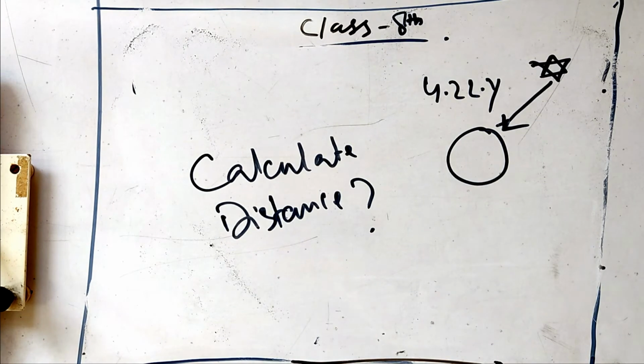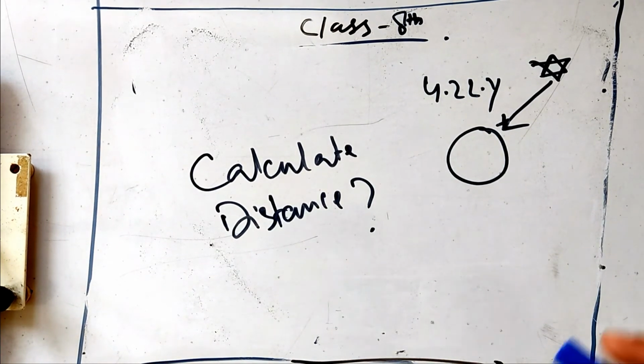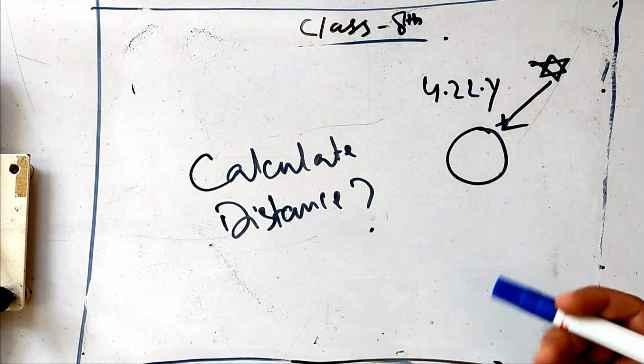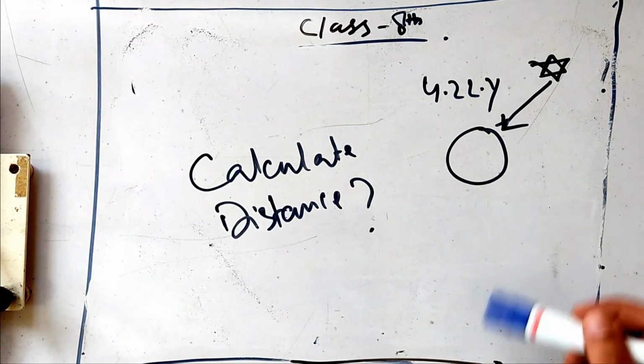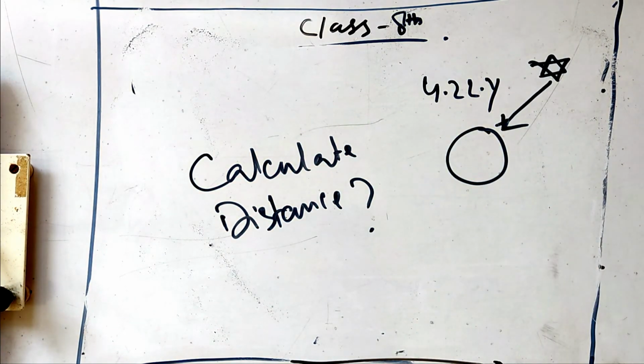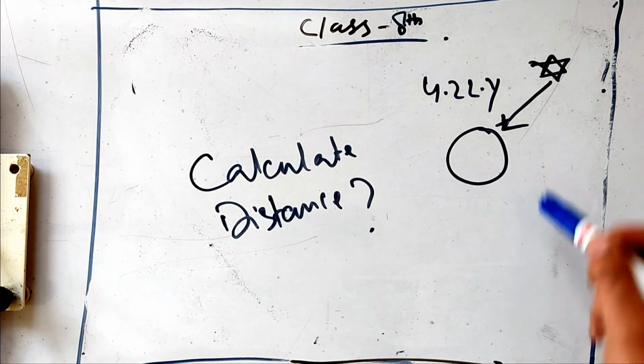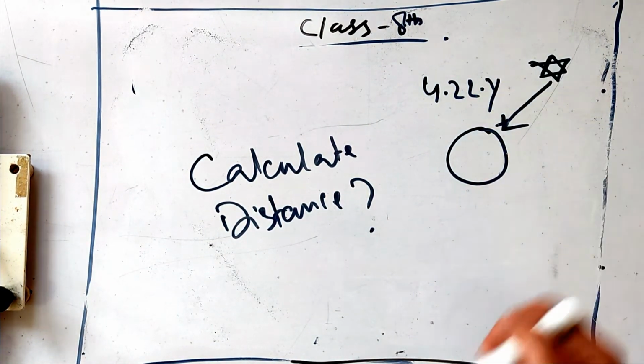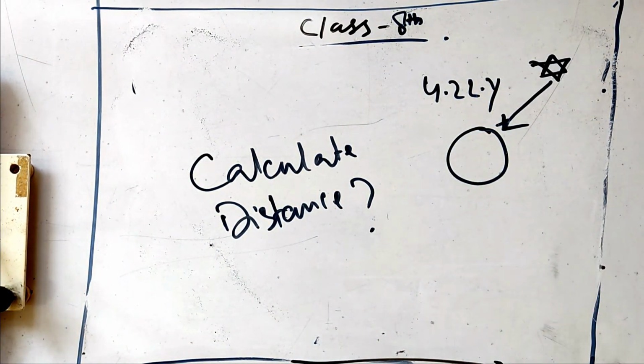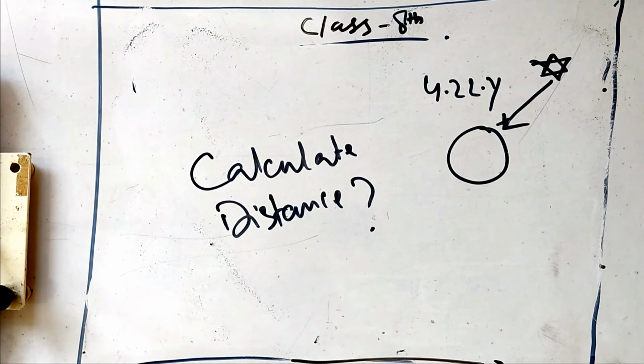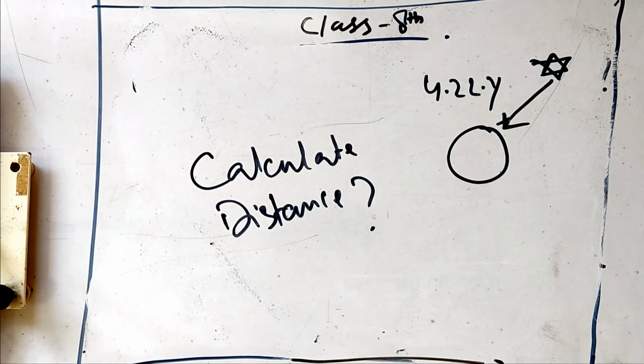We know that the closest star to the Earth is the Sun, and the next closest star is Alpha Centauri. The light from the Sun takes almost 8.3 minutes to reach Earth, but the light from Alpha Centauri takes 4.2 light years to reach the Earth.